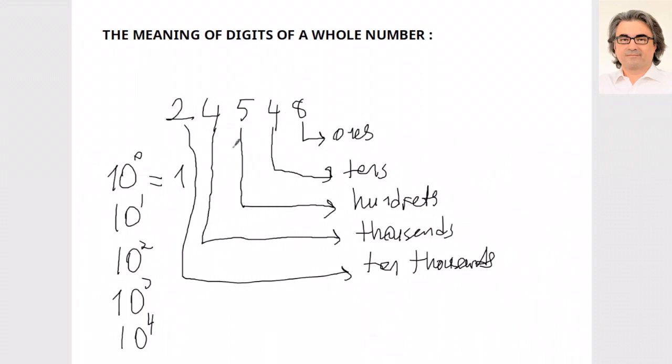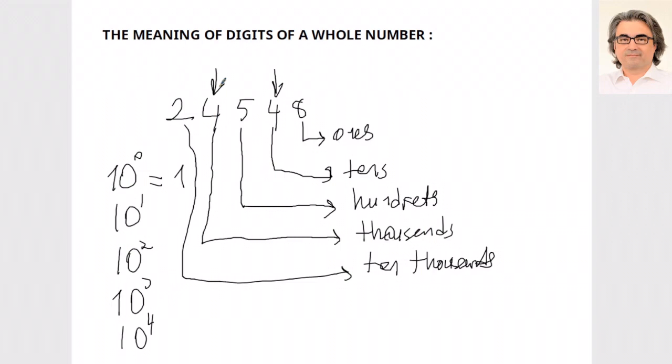And each digit has a special meaning according to its place. 5 is here, it represents the number of hundreds. I have 5 hundreds. What about this number 4? I have 4 tens. What about this number 4? I have 4 thousands.